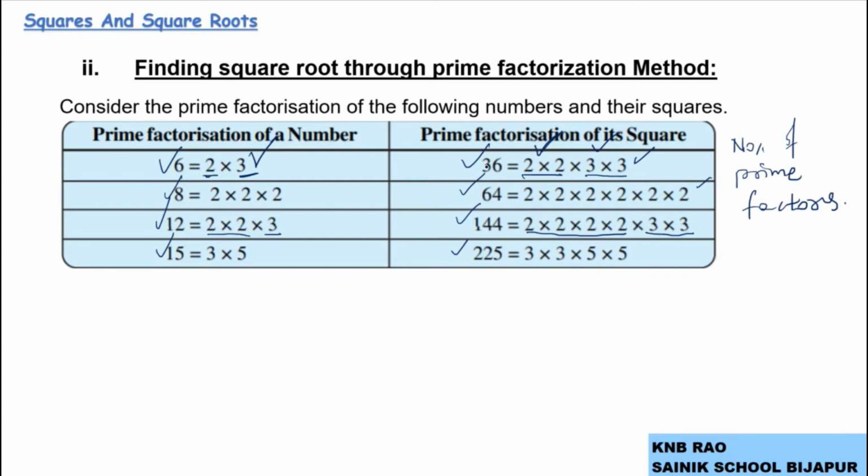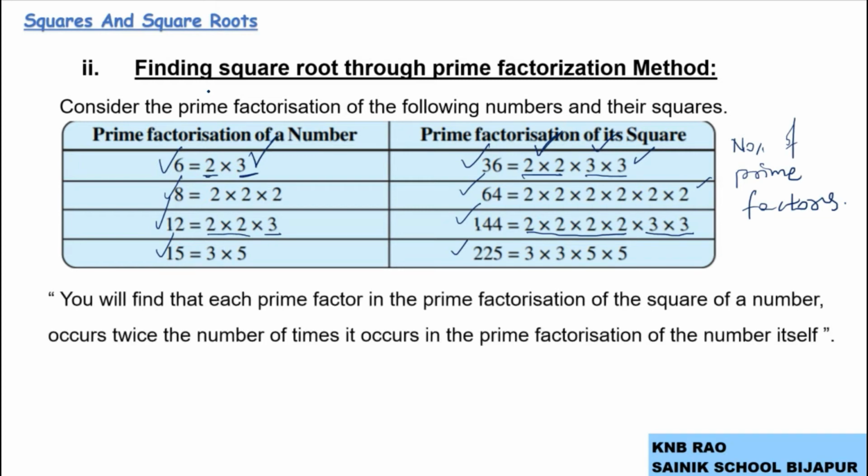So in the square of any number, the number of each prime factor will be double the number of prime factors that are there in the given number. So this is the meaning that we have made.